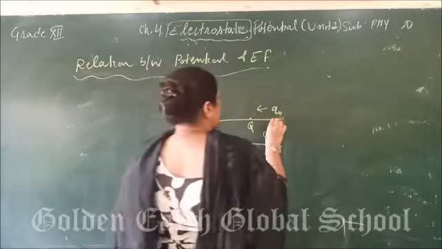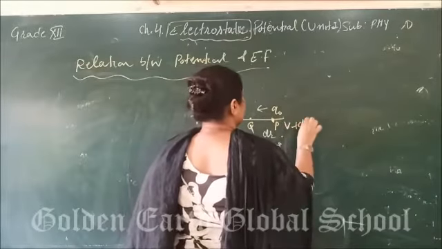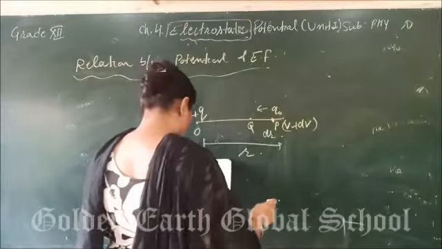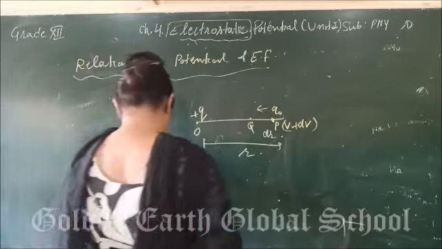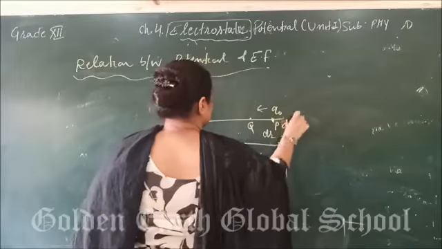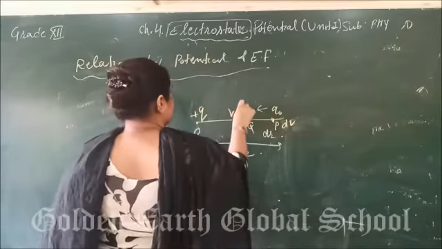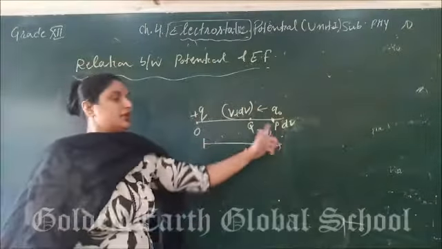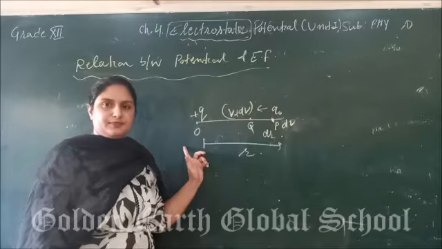Let us suppose at point P the potential is V, and at point Q the potential is V plus dV. As the distance decreases, the potential is going to increase.